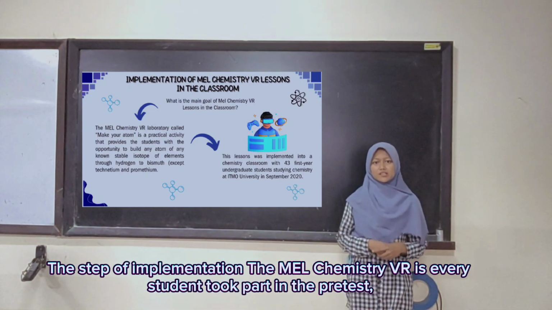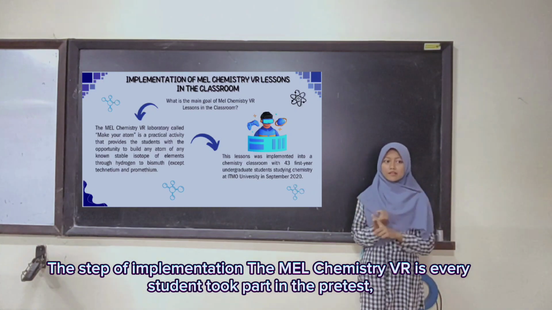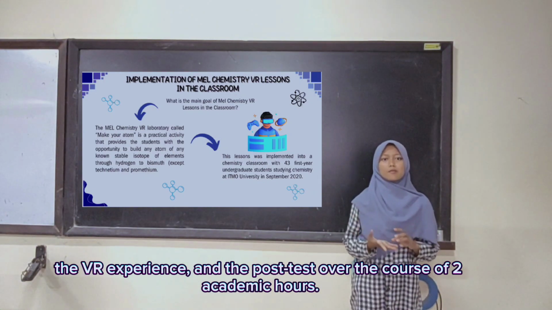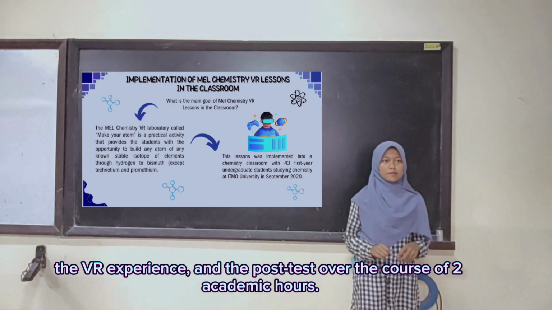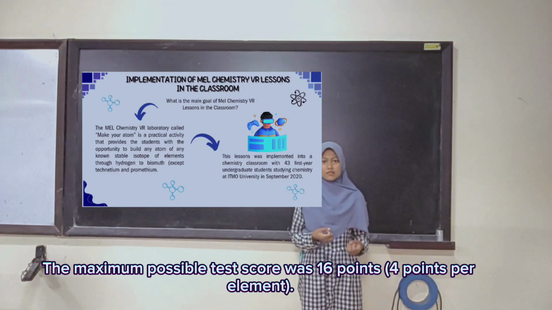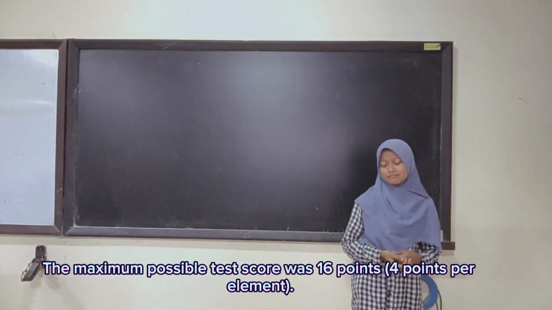In the steps of implementation, every student took part in the pre-test, the VR experience, and the post-test over the course of 2 academic hours. The maximum possible test score was 16 points, or 4 points per element.